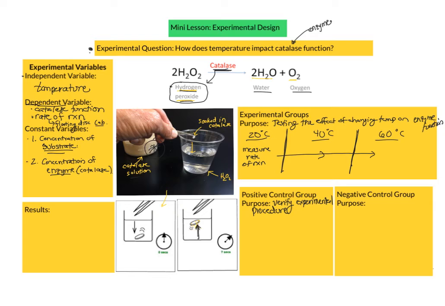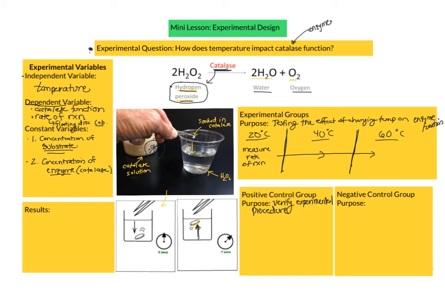If you don't, then that means something has gone wrong in your experimental setup. So what would that look like? For this experiment, a common positive control would be, we know that catalase, this type of catalase, functions at body temperature.